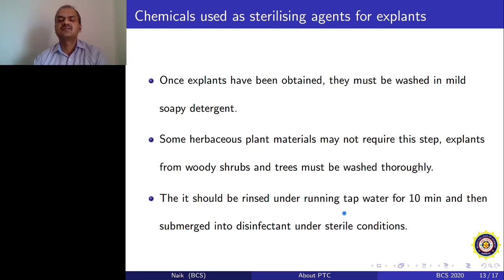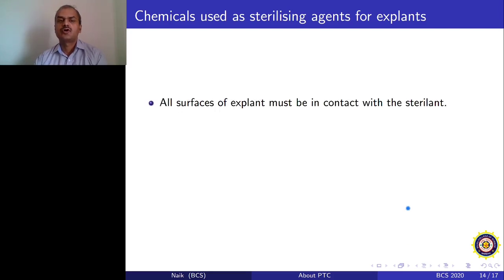Now you should rinse under running tap water after that for 10 minutes and then submerge into a disinfectant under sterile conditions. All the surfaces of the explant must be in contact with the sterilant. For example, if you are using a sodium hypochlorite solution, mercuric chloride solution, hydrogen peroxide or any kind of sterilizing agent, your explant has to be completely submerged.